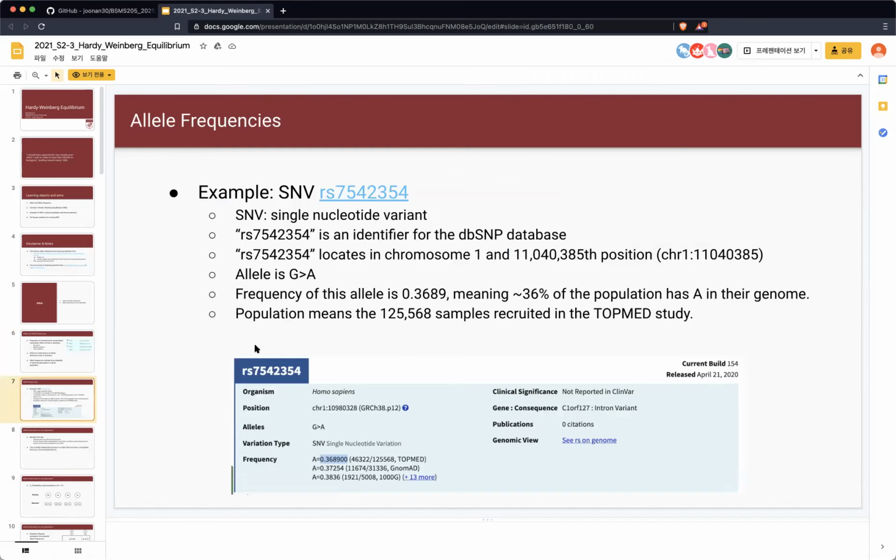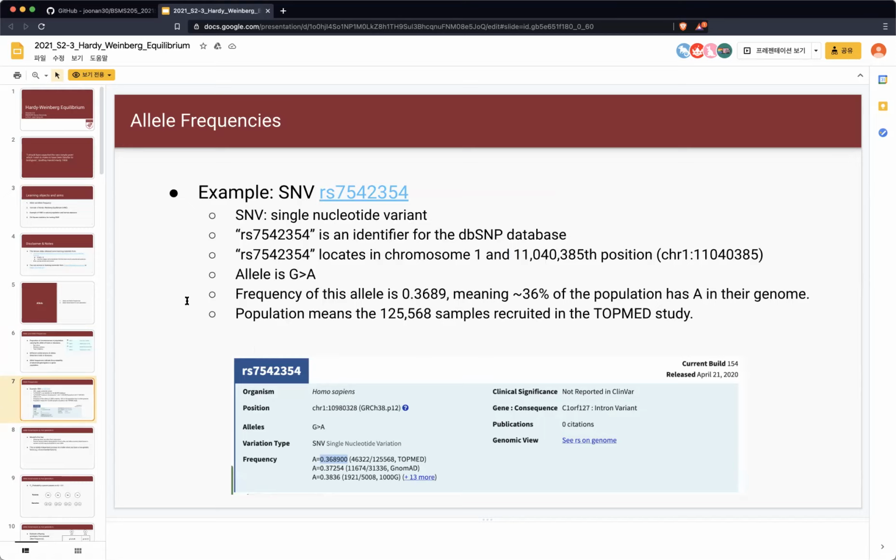Okay, so let's look at examples of one allele, right? Allele, as I mentioned, is the key term in Mendelian genetics, but in the modern sense, we still use allele, but we more frequently use different words, which are variant, right, or mutation.